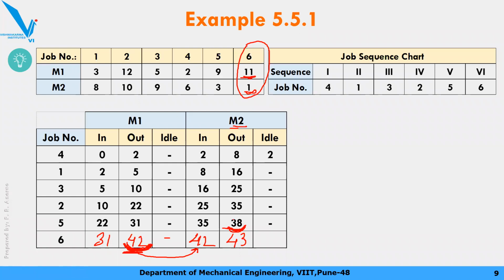Right? So how much is the idle time for machine 2 in this case? From 38 up to 42 it is waiting. So for 4 hours machine 2 is idle. And also again, 43 अपना काम कंप्लीट होने वाला है, but machine 1 is done at 42. बट अपना प्रोजेक्ट या वर्कशॉप कितने टाइम तक चल रहा है? 43 आवर्स तक.